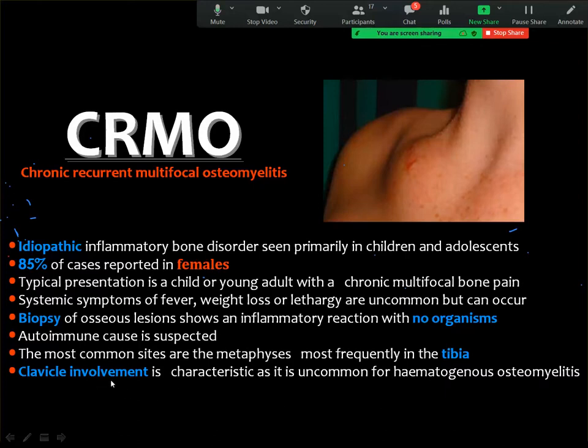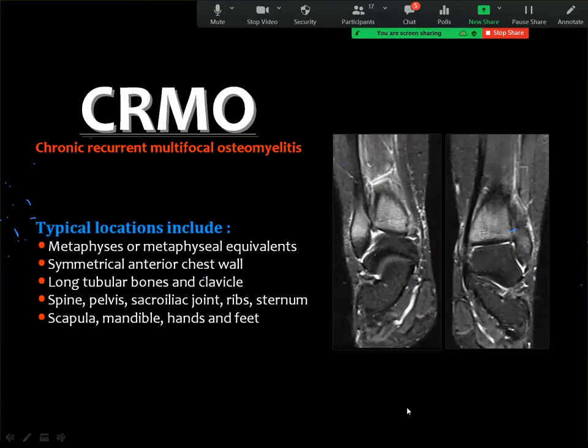But if you see clavicular involvement, this is pathognomonic for this disease. So all what you will see are multiple areas of bone marrow edema scattered everywhere in the skeleton.